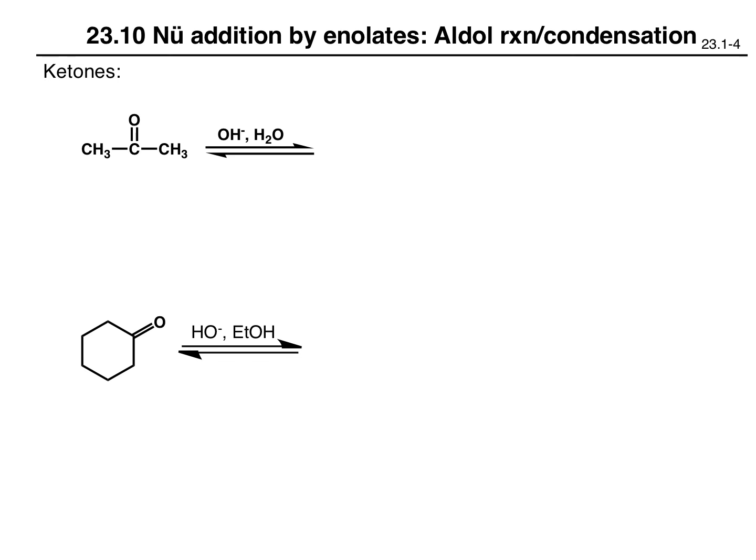Now what about ketones? If we have a ketone and we treat it with hydroxide and water, and so we stick with mild conditions, this can form some of the enolates.